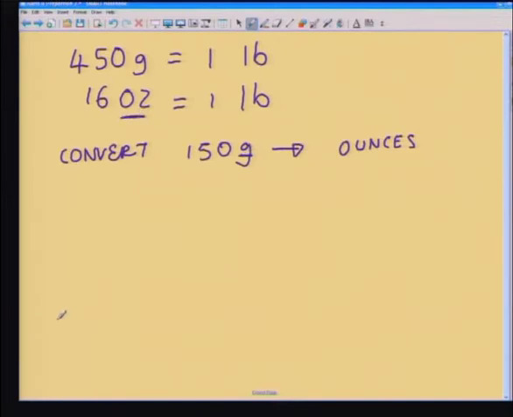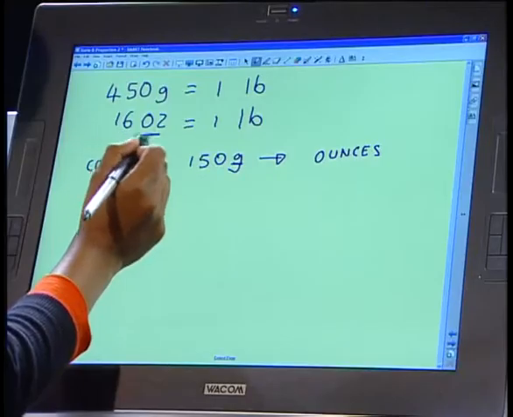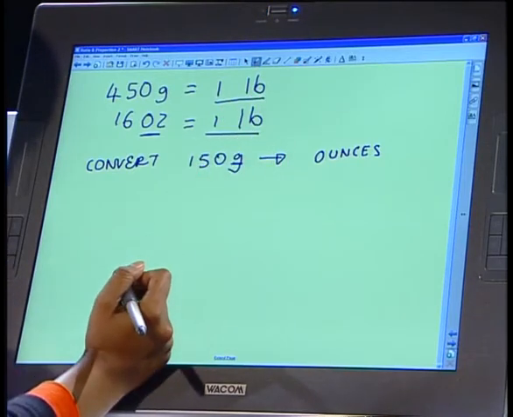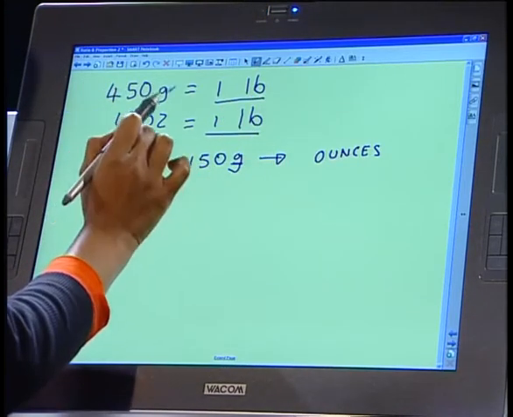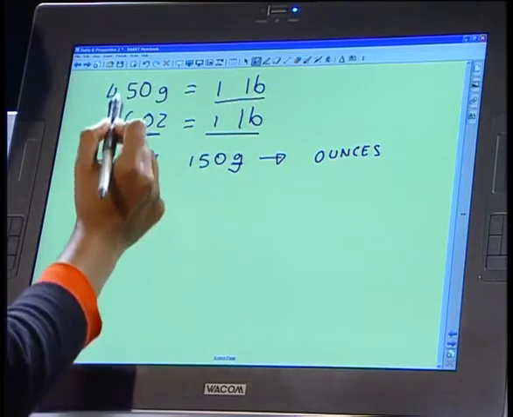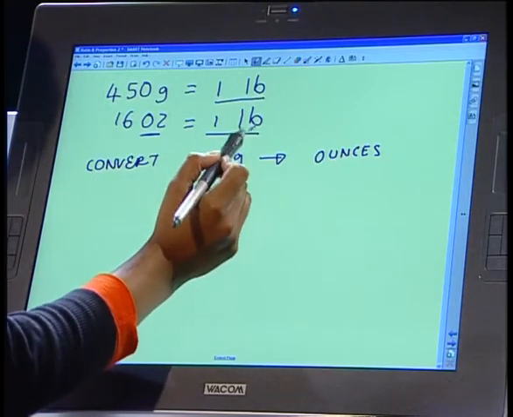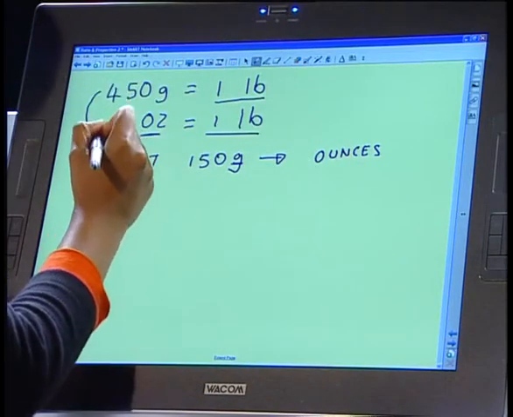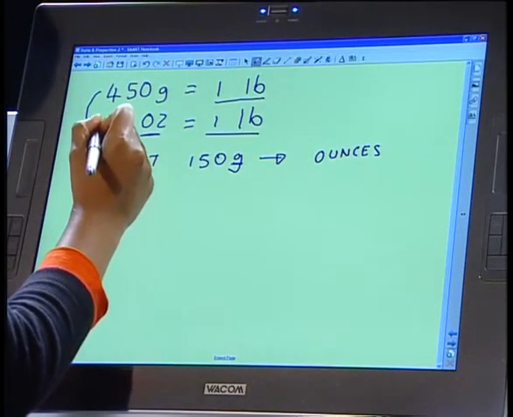Now, there's more than one way to do it. I think probably the easiest way to do it is to notice that both of these, 450 grams and 16 ounces, they're both equal to 1 pound. So if 450 grams is equal to 1 pound and 16 ounces is equal to 1 pound, that must obviously mean that these two are equal.